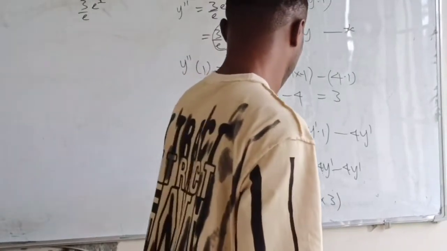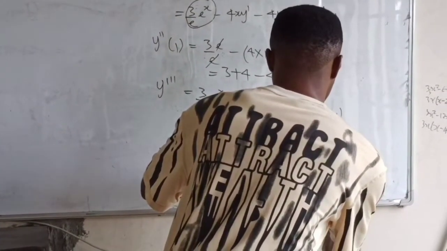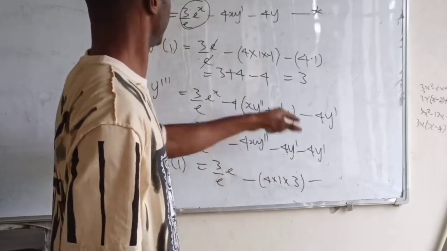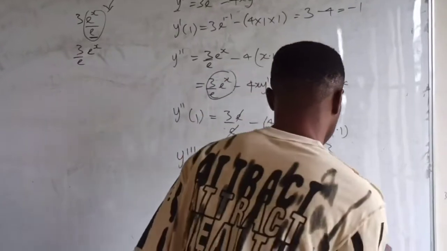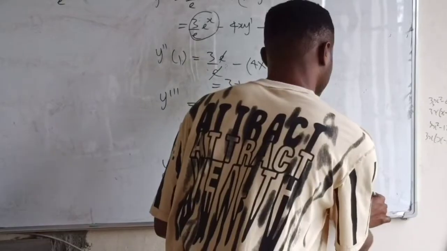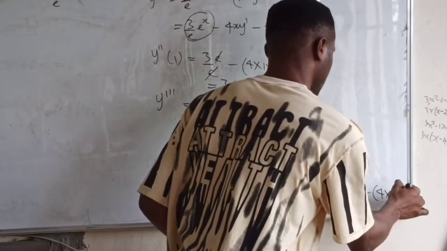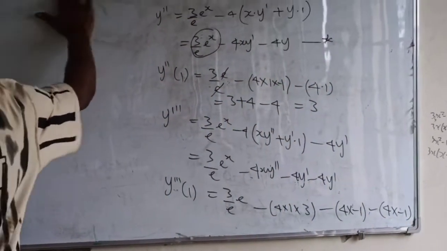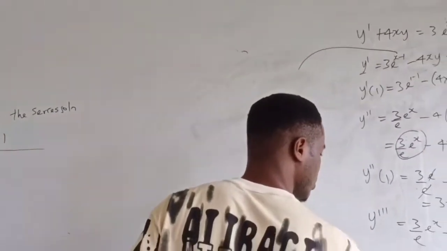Then minus 4 times the value of our y to the first differential, which is negative 1. So we have 4 times negative 1, and of course 4 times negative 1. So by expanding, this can cancel this.